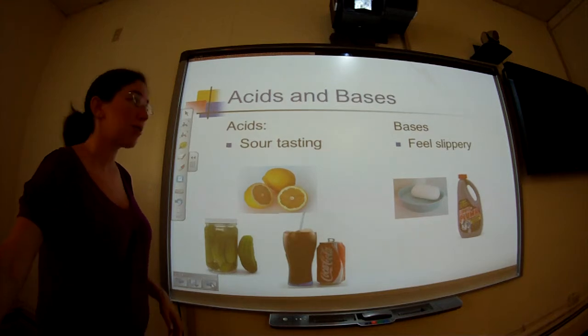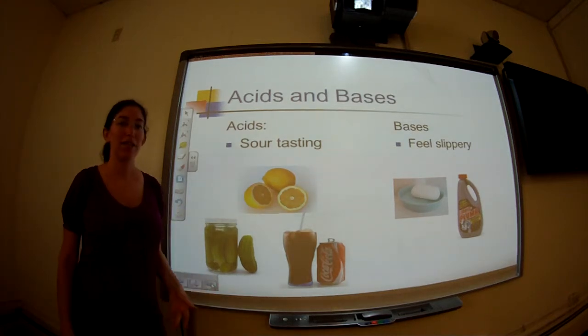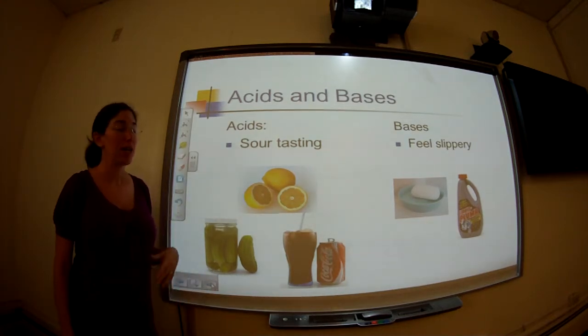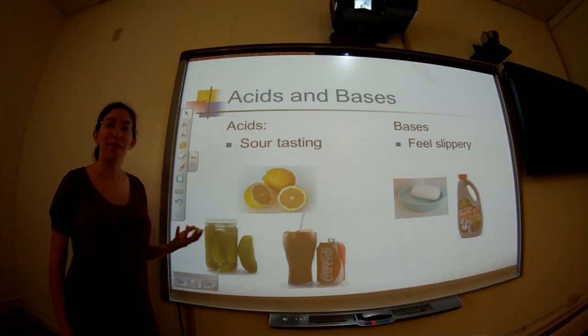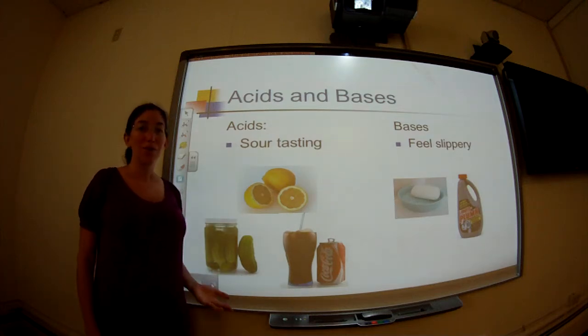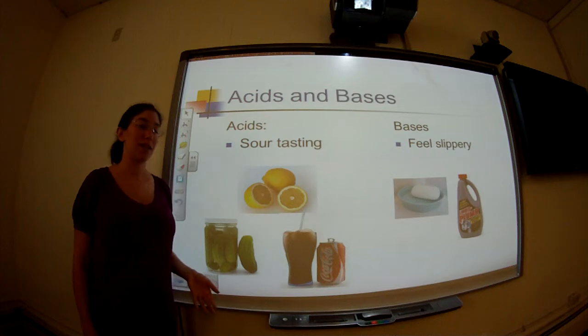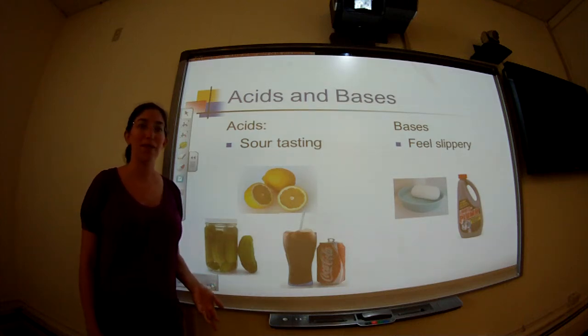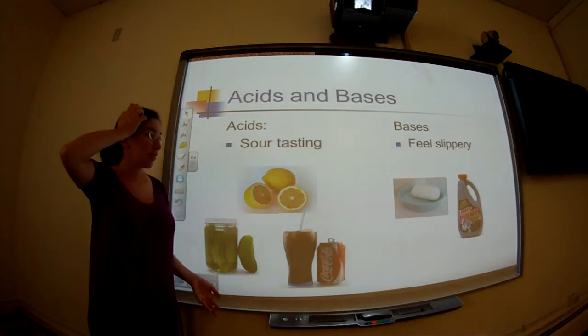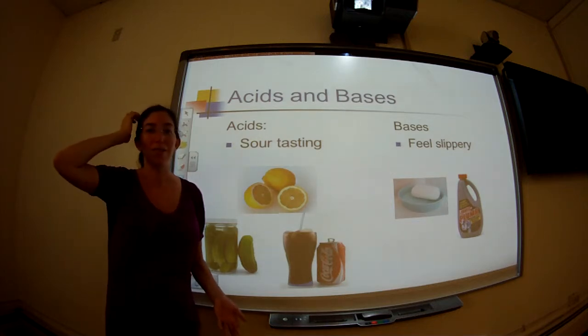So some common layman's characteristics for acids and bases are that acids tend to be sour tasting. A lot of foods are acidic. In fact, I don't think there are any foods that are basic, unless you count baking soda as a food.